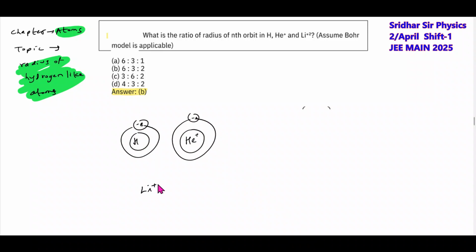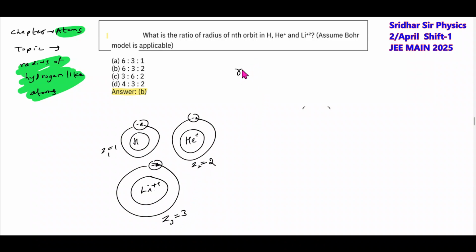Next again lithium double plus, it will have one electron. The charge of the nucleus: hydrogen has one proton, Z1 equal to 1. Helium has two protons, Z2 equal to 2. Lithium has three protons, Z3 equal to 3.